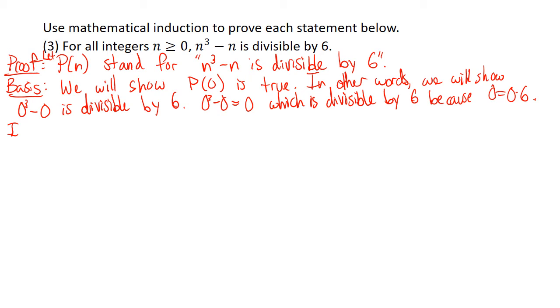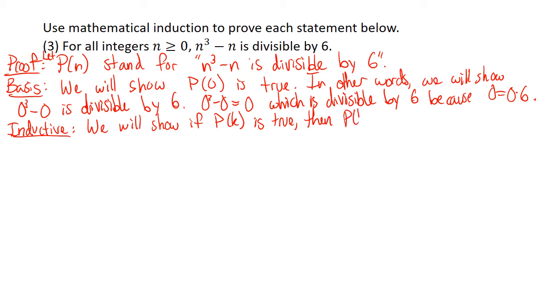So if you can factor 0 into 6 times another integer, then that means it's divisible by 6. Okay, now the inductive step. We will show if p of k is true, then p of k plus 1 is true. So we're going to assume p of k is true. This is a direct proof.